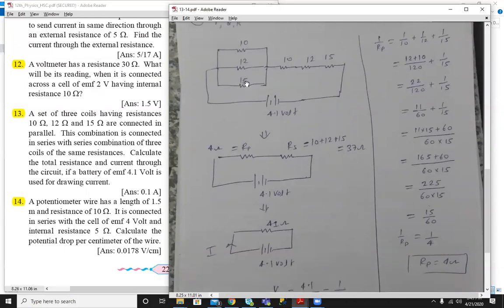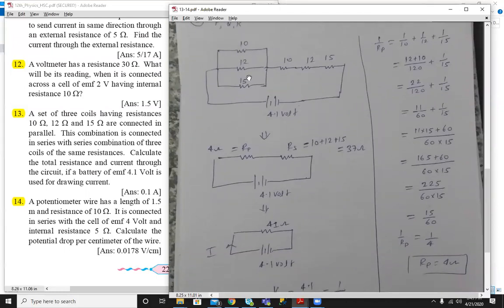As these three resistances are in parallel, let's find the equivalent combination of the parallel. We have solved it as RP. You know how to solve the parallel combination. We are getting 4 ohm as the answer.